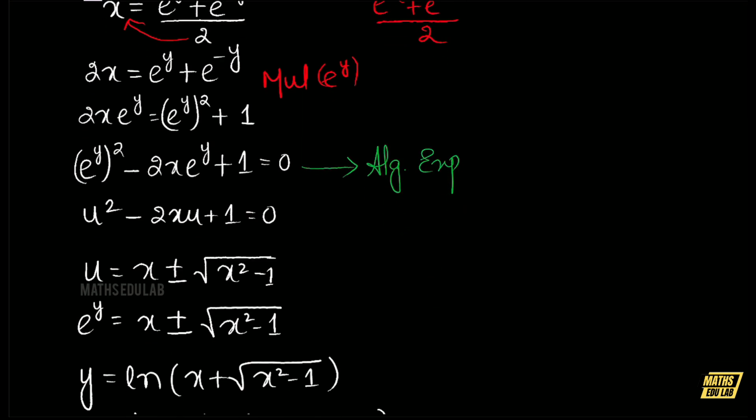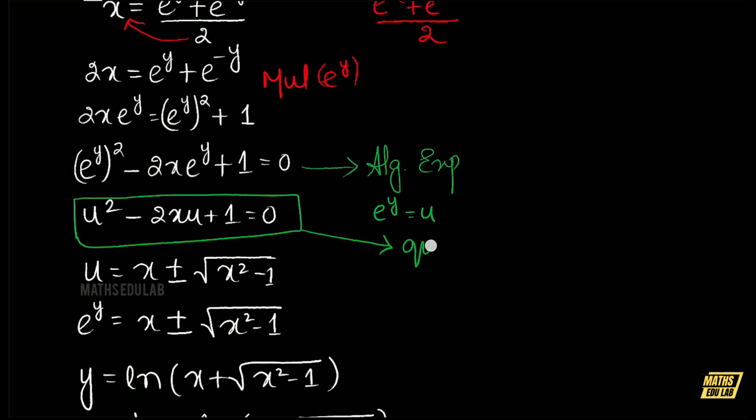Then I can substitute the value of e to the power of y as u. After substituting, we get this equation. Then for this equation, we apply the quadratic formula, and after applying it we get this value.